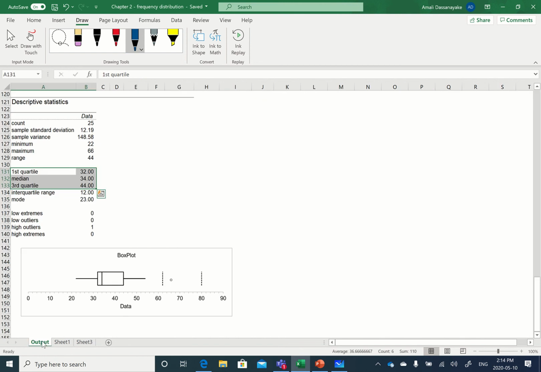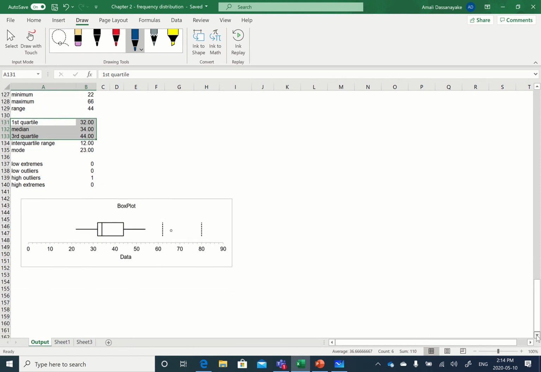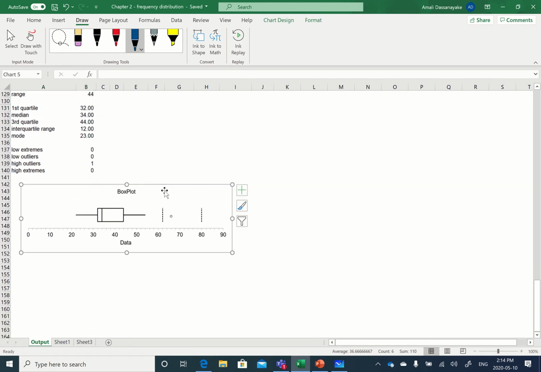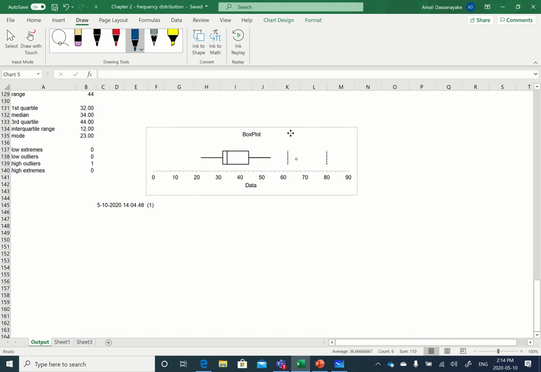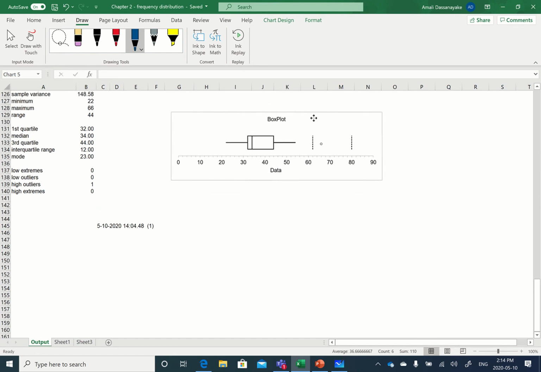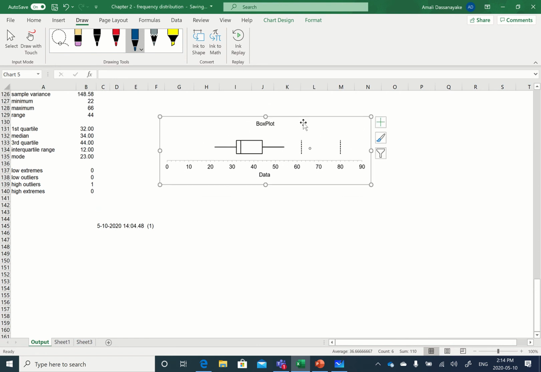And then the last topic that I'm going to discuss is the box plot. So as you can see here, I got this using Excel. So this plot gives us a basic idea about the shape of the distribution. As you can see, it has a rectangle, and inside the rectangle you can see a vertical line, and then on the 2 sides of the rectangle, you have 2 horizontal lines.